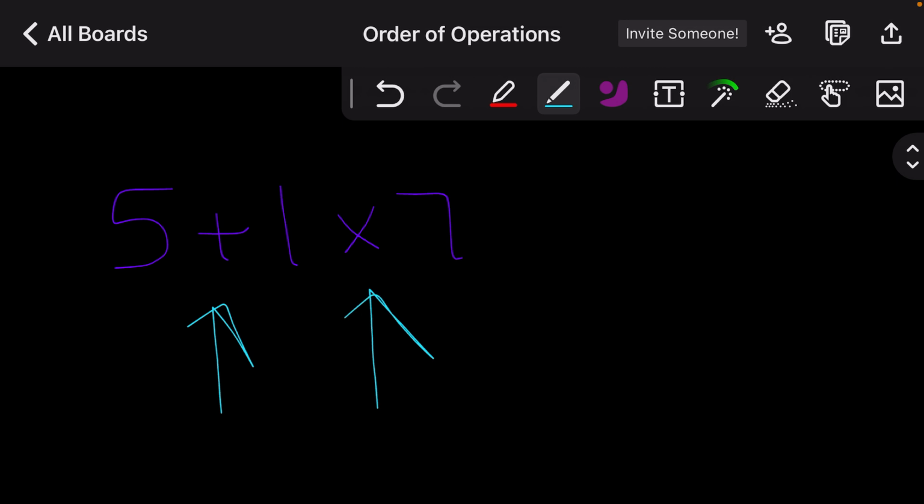We have 2 instructions right here. Because again, as we just saw with the previous example, operations give instructions. The 4 operations give you instructions to add, multiply, subtract, or divide. And then the terms give you the things that you're going to do the operation to, or what you're going to perform the operation with.